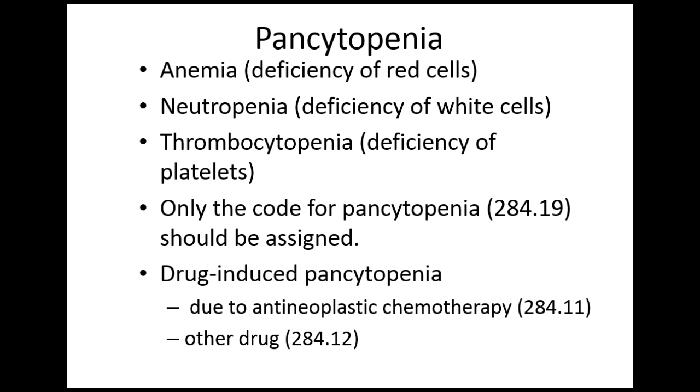Some physicians may not say pancytopenia, but may list anemia, neutropenia, and thrombocytopenia. In these situations, it is appropriate to assign the pancytopenia code. When the pancytopenia is drug-induced, ICD-9 distinguishes whether it is due to antineoplastic chemotherapy, 284.11, or another drug, which is coded to 284.12.